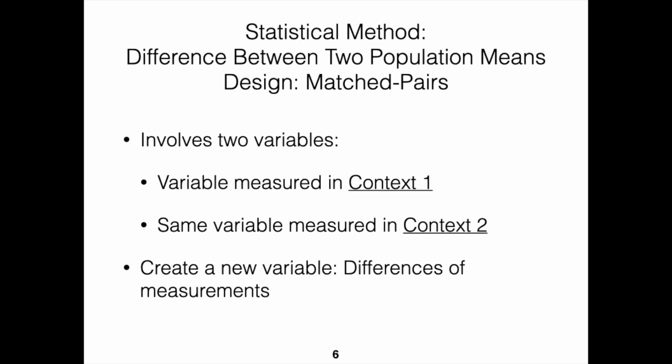So the tool that we're using is this difference between two population means method with a matched pairs design. So this involves two variables, and effectively it's just one variable measured twice. So it could be the same variable at time 1 measured again at time 2. Or you might have two related contexts. So when it comes to your guys' research, you might think of things like fear of crime at night, or fear of crime during the day.